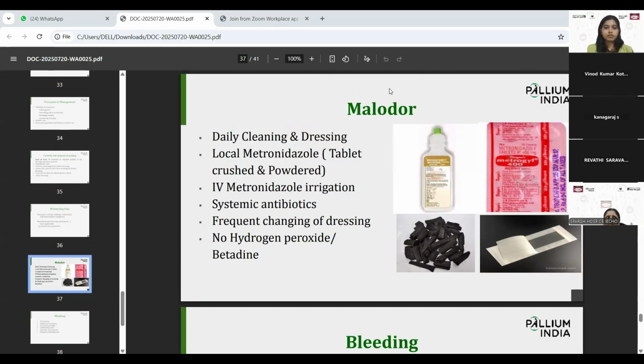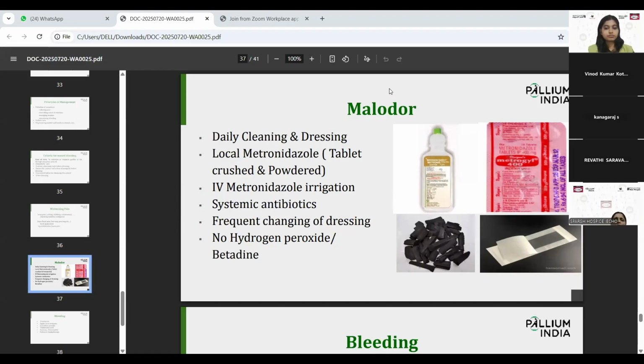Then you can go with the metronidazole irrigation and large gauze pieces to prevent the exudates from the wound. Then you can go with the regular dressing. If the exudates are coming more, you can go with napkins also to absorb more exudates, to absorb more pus cells.